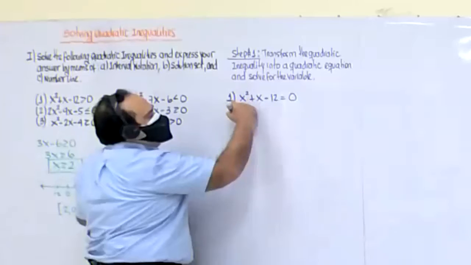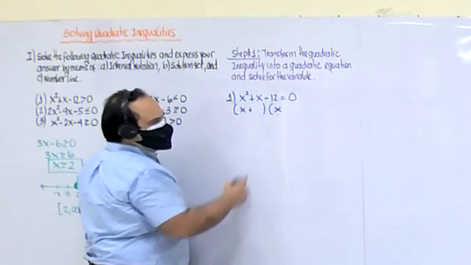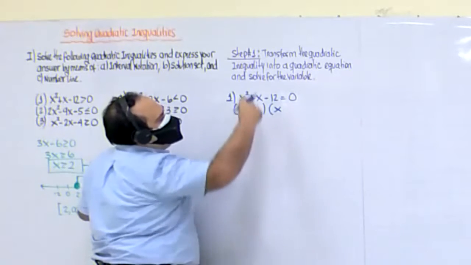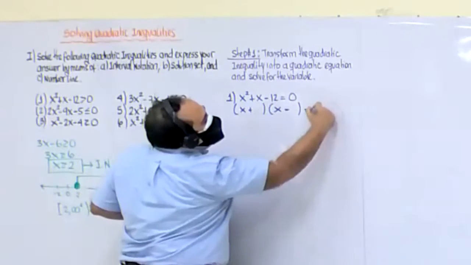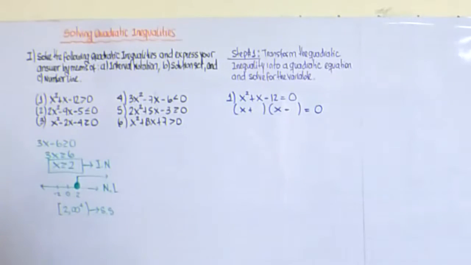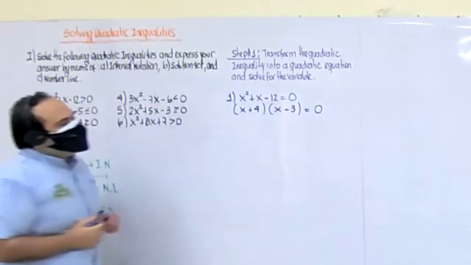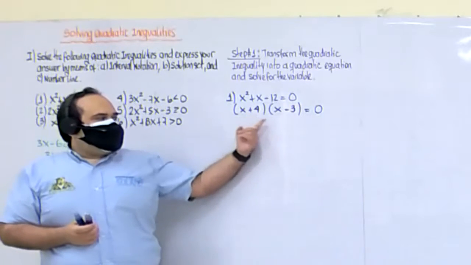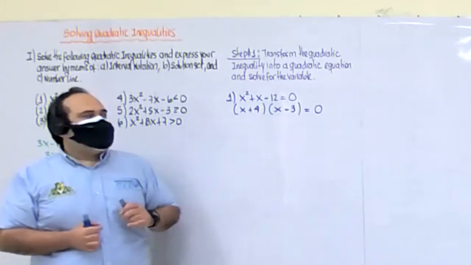Remember, we open a couple of parentheses with the letter x, copy the first sign, which is positive. The second one will be the product of their signs, positive times negative will be negative. And we have to look for a couple of numbers whose product gives negative 12, and whose subtraction gives 1. And thus the product will be x plus 4 and x minus 3, because 4 times negative 3 is negative 12, and 4 minus 3 equals 1.